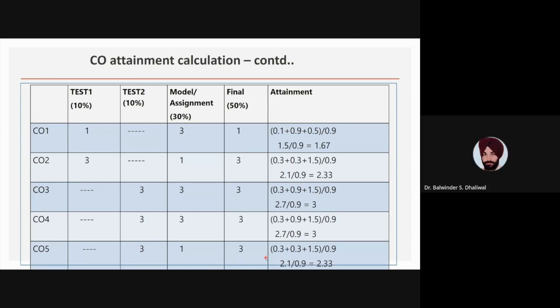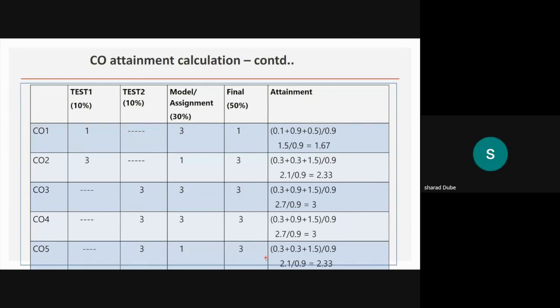No, it is the weightage which we are assigning to this particular assessment tool. It is not the passing marks. Because we have multiple tools, we can assign different weightages to different tools, right?